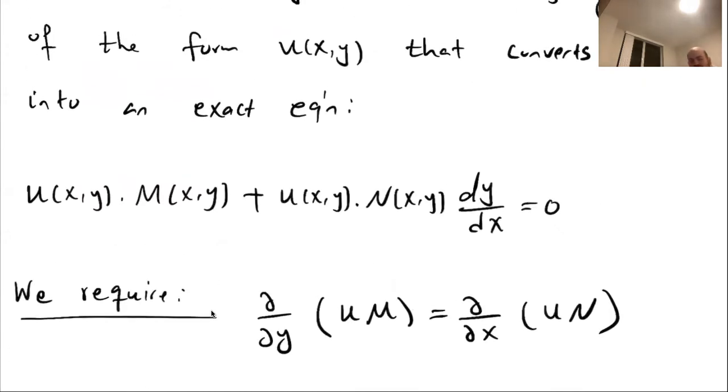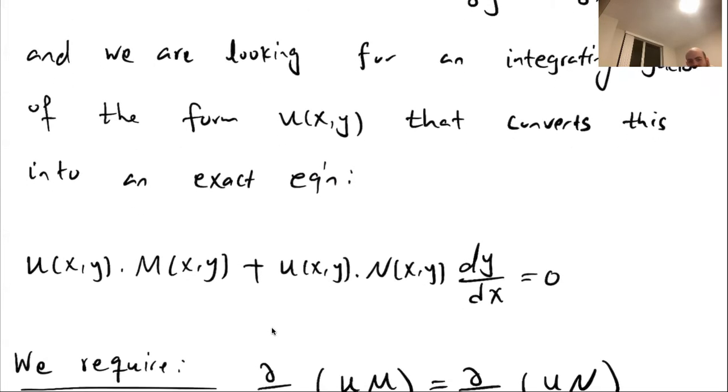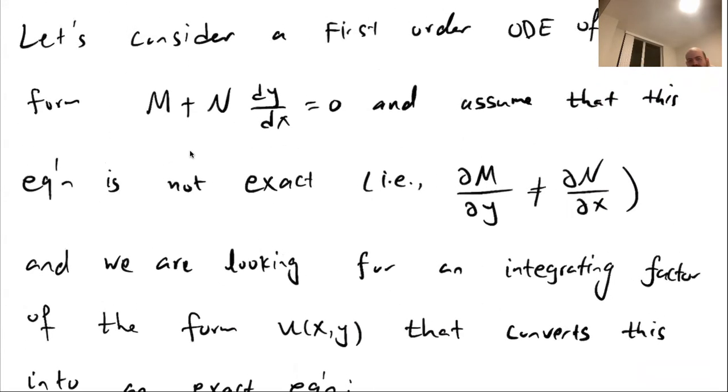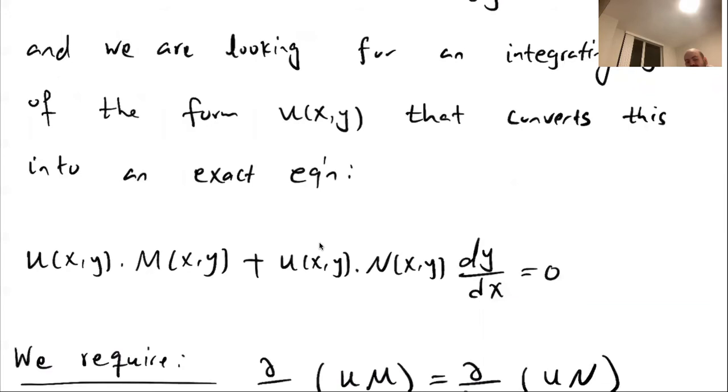Is it okay so far? So far we require this condition because we require this new equation to be exact. This is the original equation. It's not exact because this is not the same as this. But I'm looking for an integrating factor u such that after multiplying by u, it becomes exact.